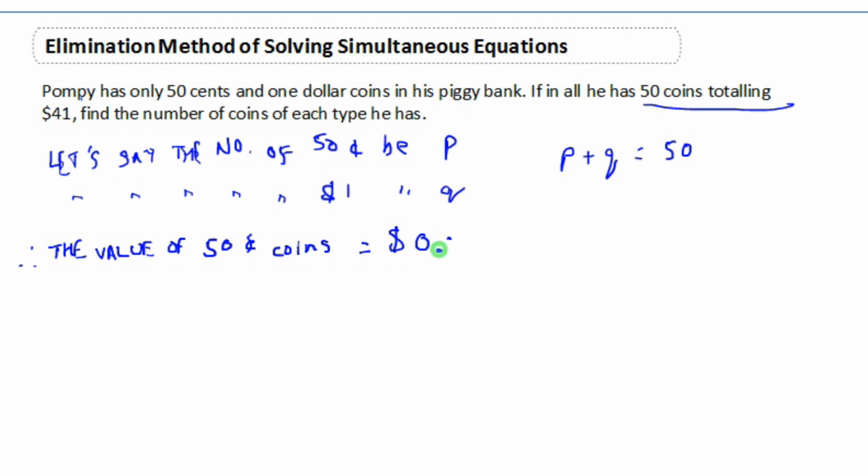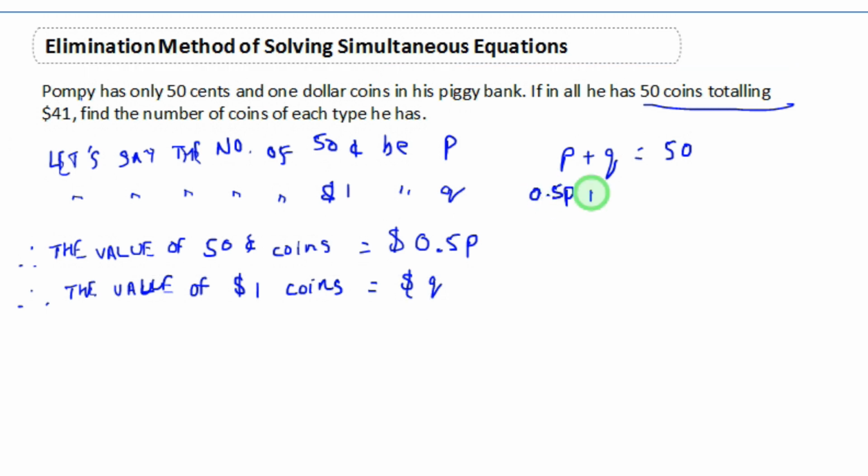So I can say it is 0.5p dollars, and therefore the value of $1 coins is equal to, so there are q coins and each coin is $1, so that means it will be q dollars. So there goes our equation. The second equation that we have is 0.5p plus q, that gives us 41.